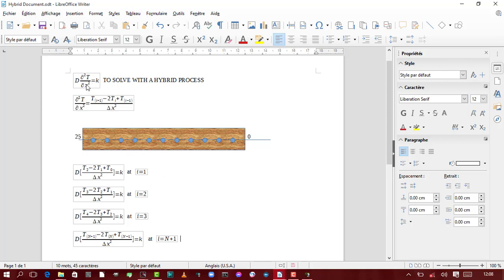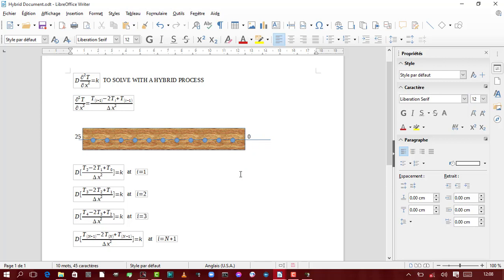Here we're just working in the space dimension. So we just have a one-dimensional equation in space, and we need this value and this value. We don't need an initial value here because we don't have t.